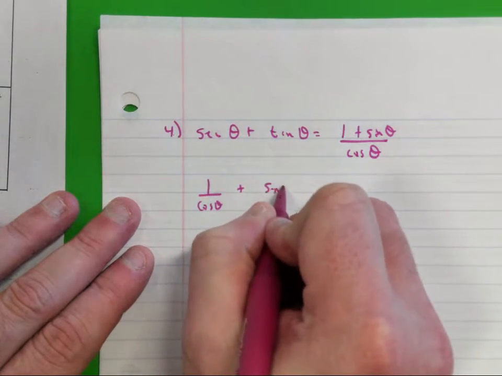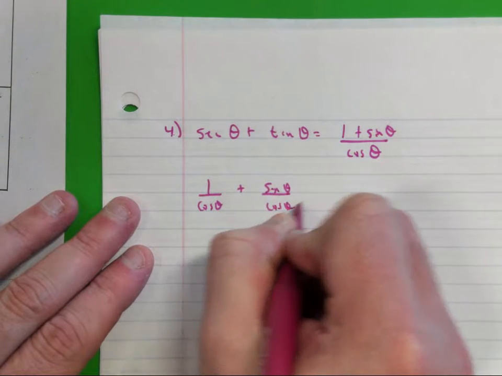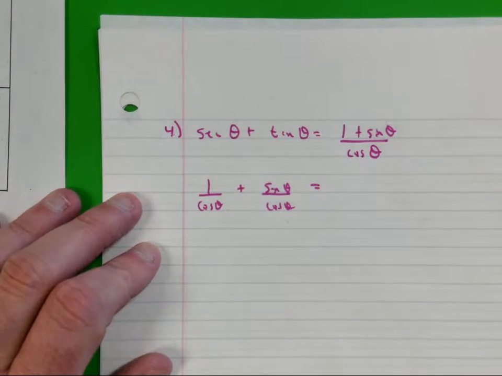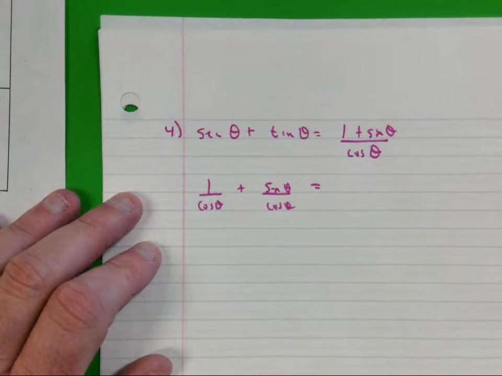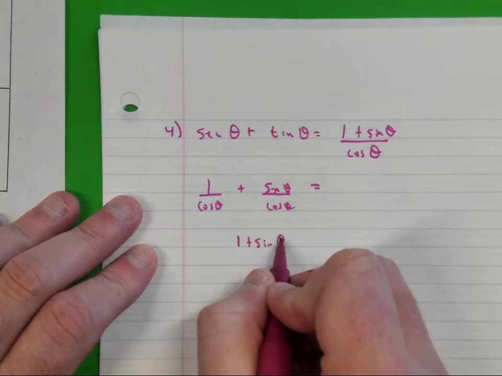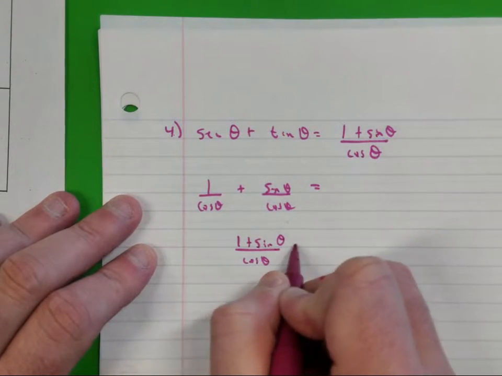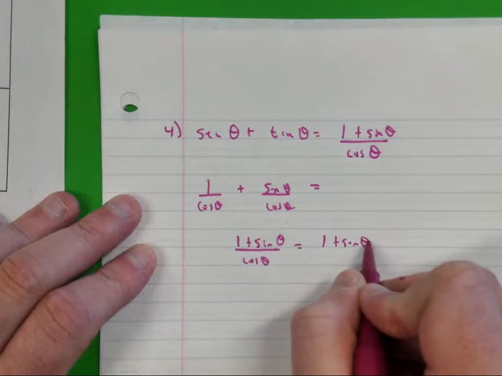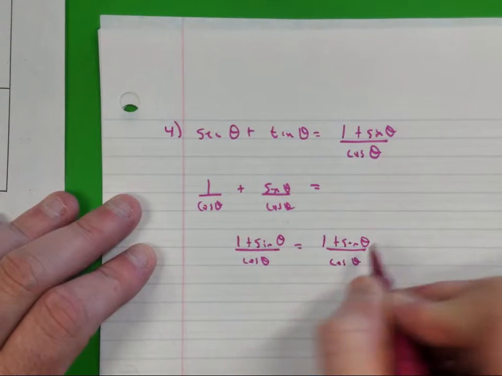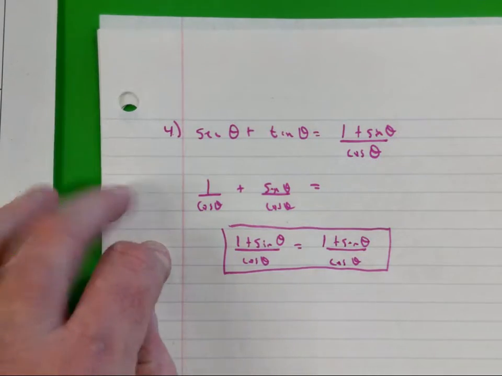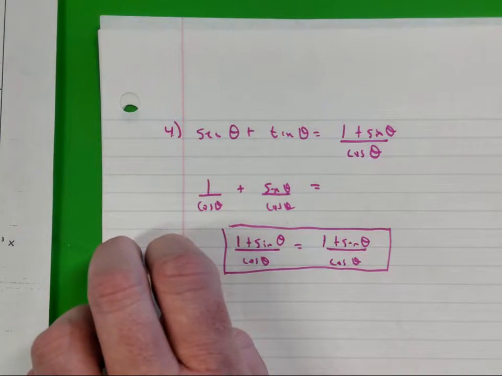Sine theta over cosine theta. Okay. Now let's look at this. We're adding. Do they already have a common denominator? Yes. So all you can do is put 1 plus sine theta over cosine theta. Is that what you wanted? You're done with the problem. You just proved that that's equal. Basically breaking it down, it already had cosine in the denominator.